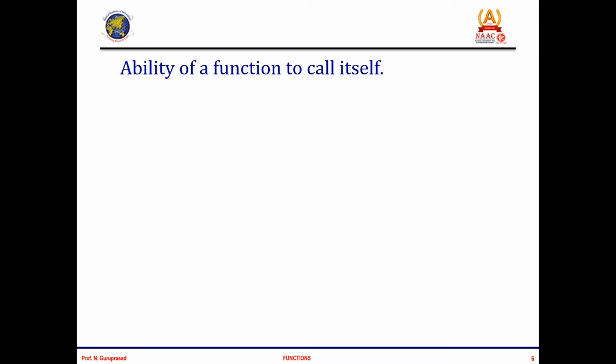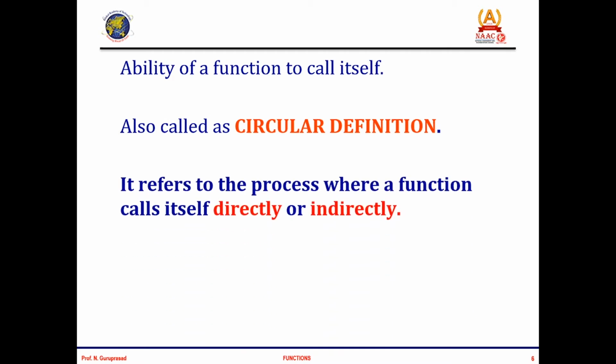But we have never come across so far where we said that function 1 is calling function 1 again. Now that is what is recursion. In simple terms, the ability of a function to call itself is called recursion. It is also called circular definition.